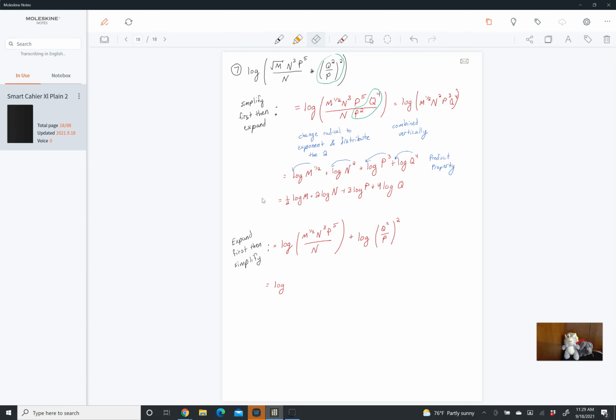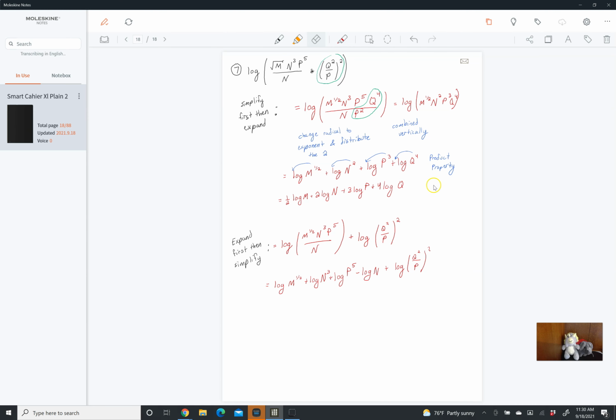So we get log of m to the 1/2 plus log n cubed plus log p to the 5th minus log of n, and then plus log of q squared over p squared.